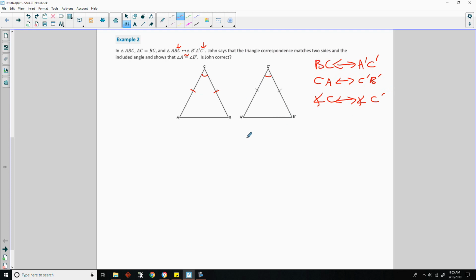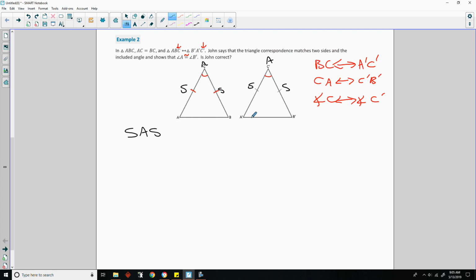Okay, so that means that triangle ABC is identical to triangle B prime, A prime, C prime, by the two sides and an included angle theorem. So we have a side, included angle, and a side. So that's SAS.